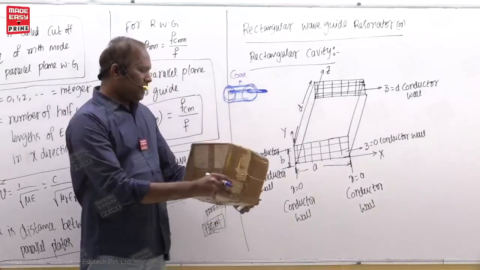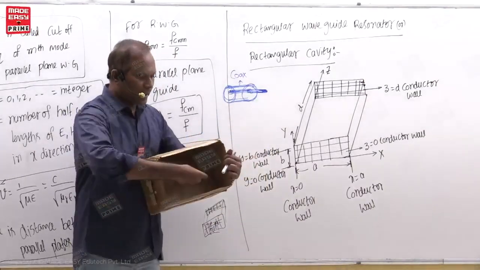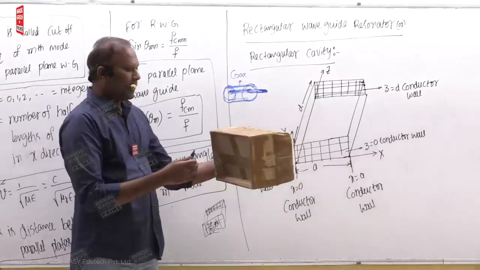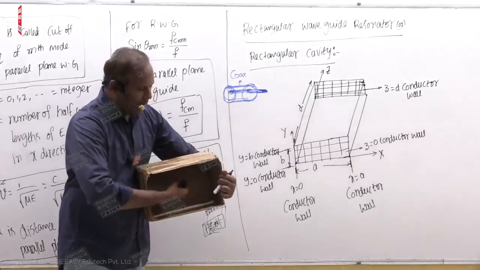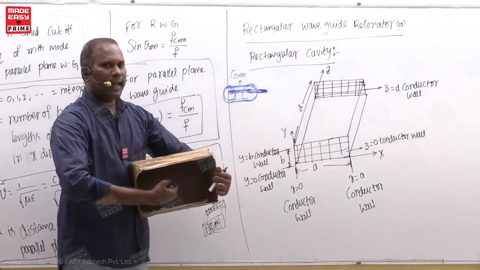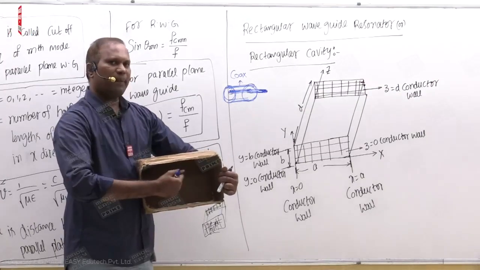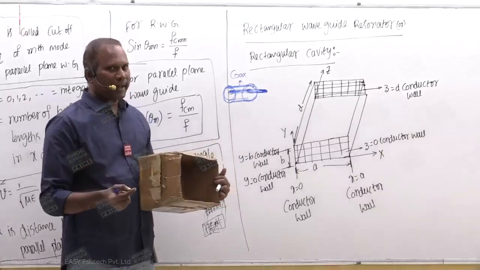Now if you insert that into the waveguide like this, it is inserted here. From this side it is inserted, it is visible here. From this probe it will radiate energy into the waveguide cavity. Then inside, epsilon is there, mu is there, and they store that energy in the form of electric and magnetic field.